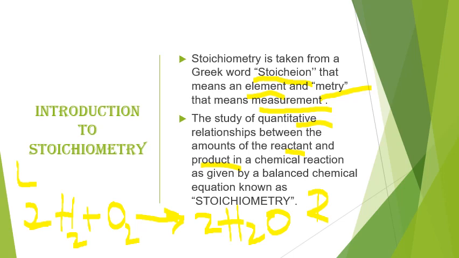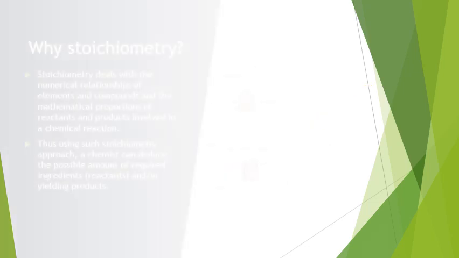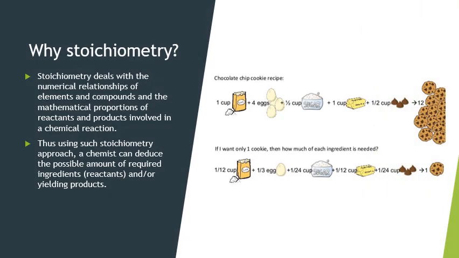Quantity wise, you have taken 4 grams of hydrogen and 32 grams of oxygen, which is producing 36 grams of water. So this is what we say is stoichiometry, that it is telling you how much quantity of hydrogen and oxygen is required to produce 36 grams of water. Done? Yes. What is the importance of stoichiometry in chemistry?